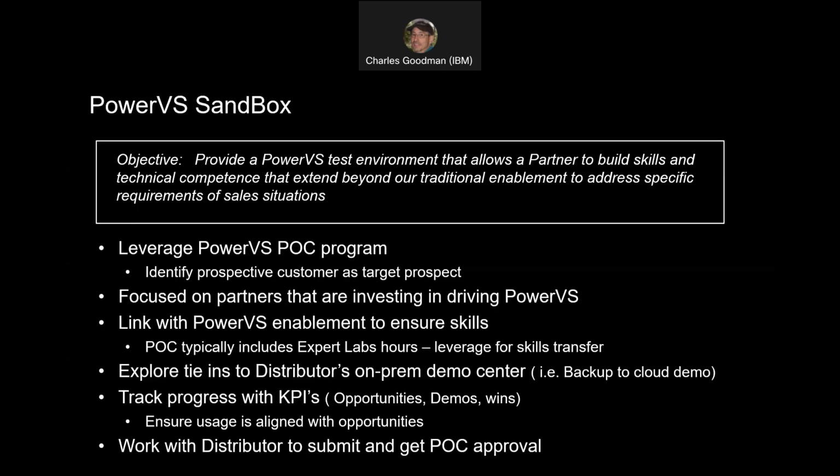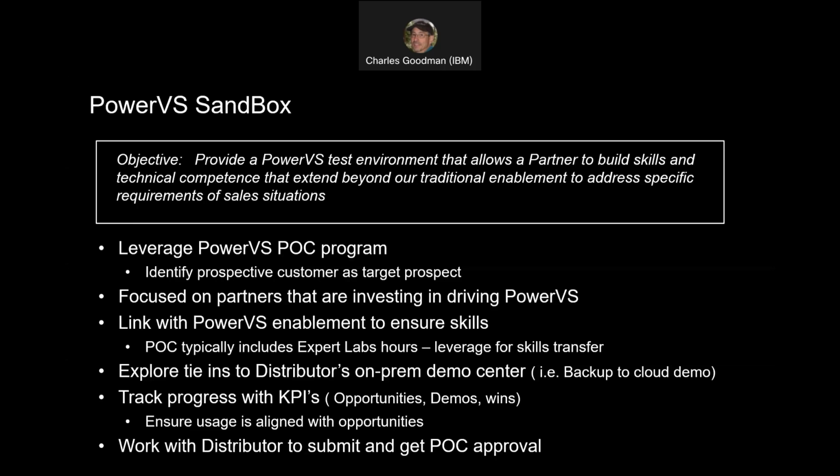And if you need to continue that POC with your customer, we're more than willing to help find the funding to do that as well. The whole intent of this is to make sure that you get the experience, the hands-on credibility you need to be able to credibly explain Power Virtual Server to your customer.